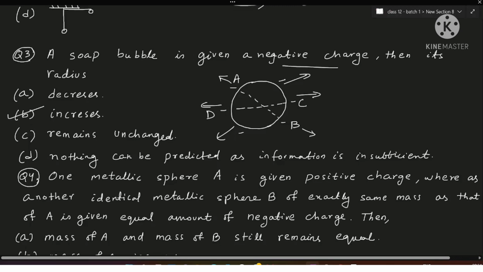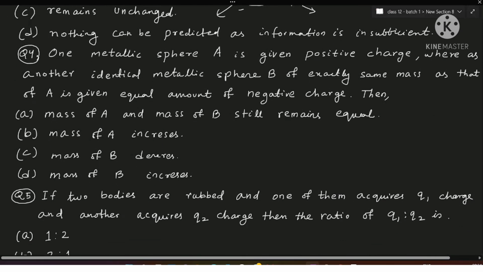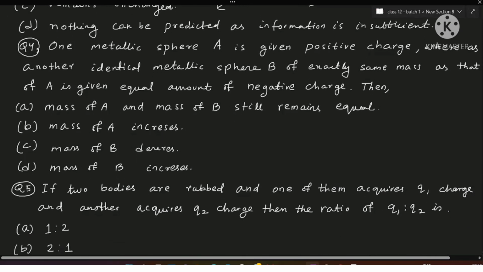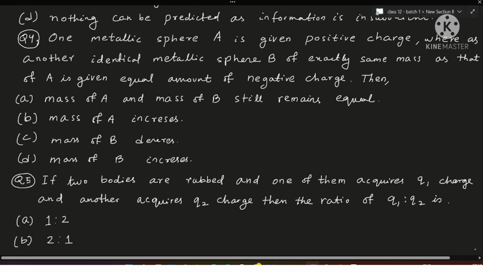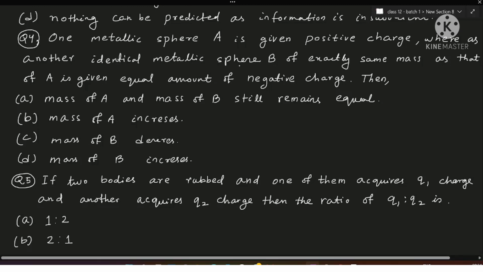Okay, now let us move to the next question, question number 4. Question number 4 is, one metallic sphere A is given a positive charge, whereas another identical metallic sphere B of exactly the same mass as A is given an equal amount of negative charge.